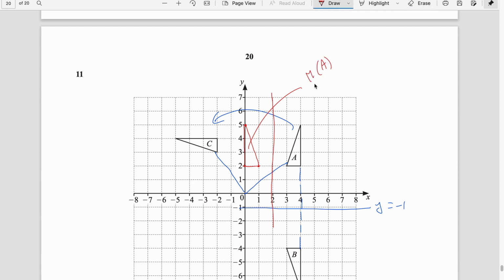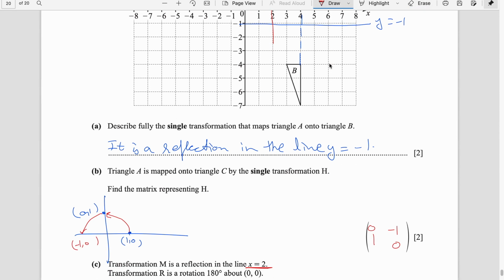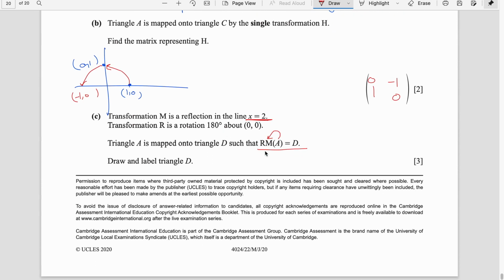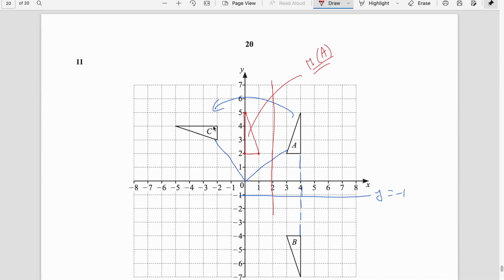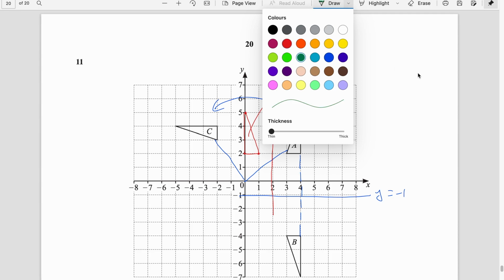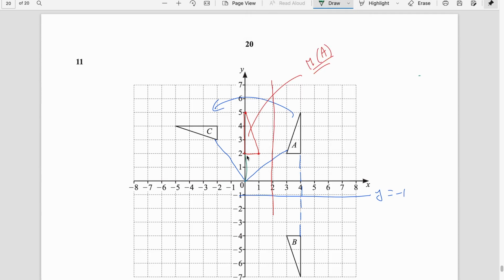Transformation M is being applied on A. Now the result MA undergoes a further transformation R, which is 180 degree rotation about the origin. So you rotate it about this origin with 180 degrees. So this point would appear here, second point appears here, third point is 5 units away and 5 units down. This is your resulting triangle and label it D.